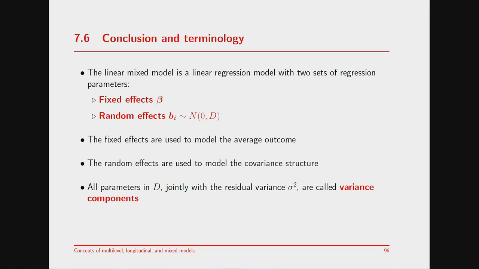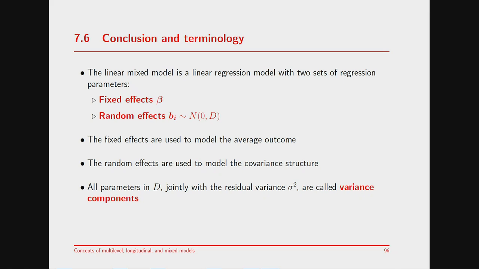Some are the fixed effects, these are our beta parameters. Some are the random effects, these are our b_i parameters. The fixed effects are used to model the average trends in the population, so the average outcome. The random effects are used to model the whole covariance structure in our data sets.